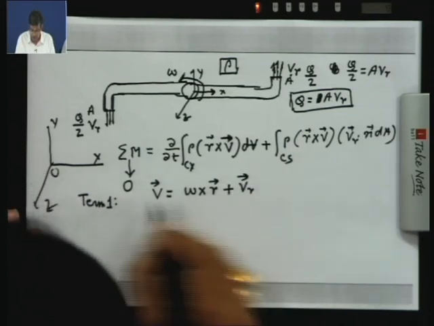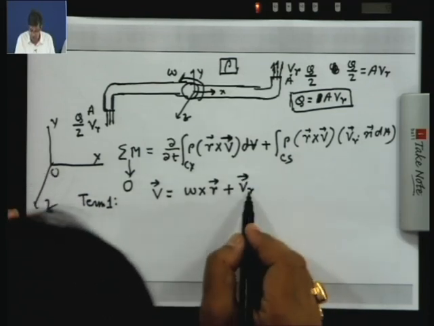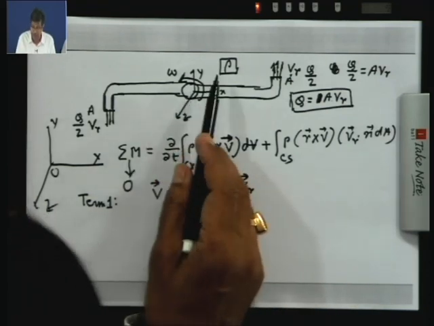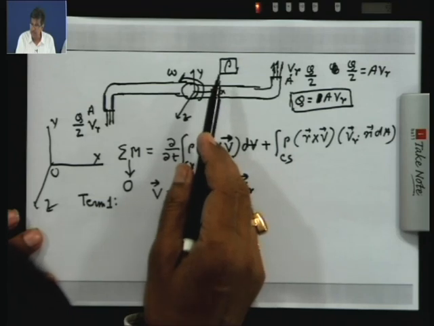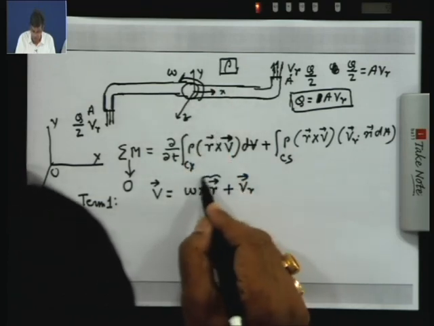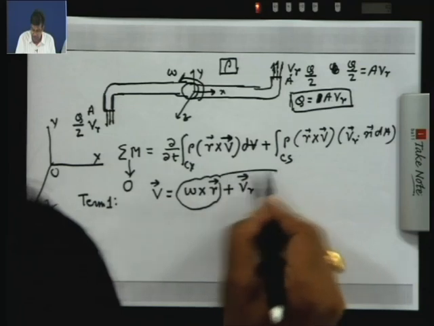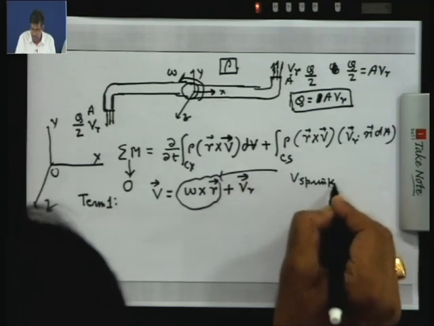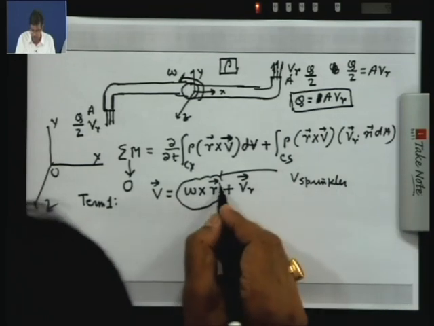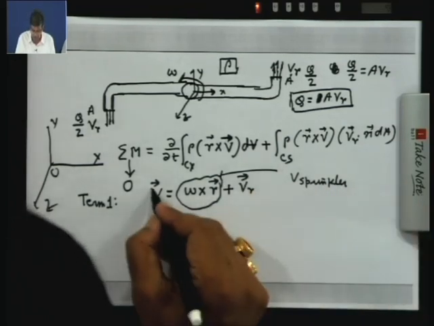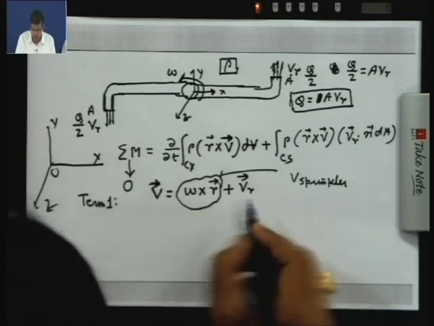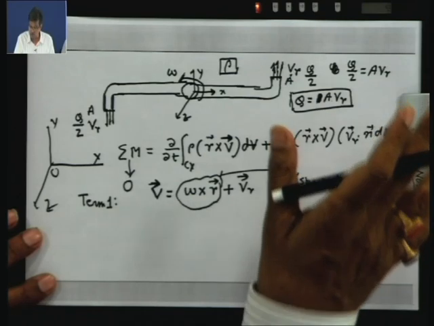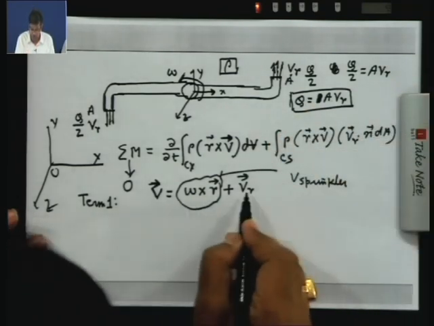You remember this equation, that V is equal to Vr plus omega cross r plus Vcb. Here the control volume does not have any rectilinear motion. So, it is omega cross r. This can be considered as the velocity of the sprinkler, which has only a rotational component. By the earlier equation, the absolute velocity can be written as relative velocity plus omega cross r, which I already told you many times earlier. So, I just exploit this.